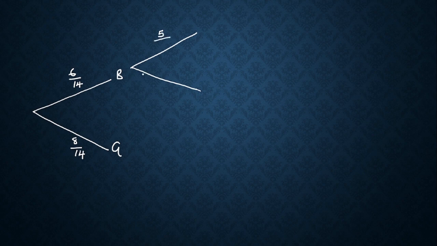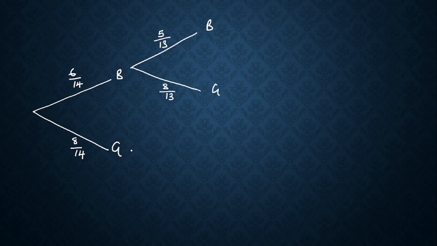That means the total number of pupils also will reduce by 1, meaning we're going to have 13. Since we picked a boy, the number of girls will remain the same, which will be 8. But remember, the number of pupils is 13, which is in the second picking.